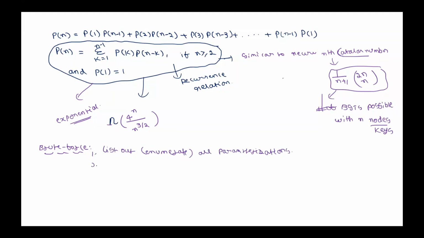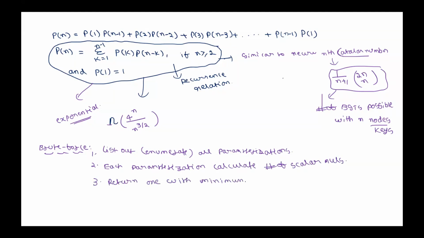Next, for each parenthesization, calculate the number of scalar multiplications required, and return the one with the minimum number of scalar multiplications.